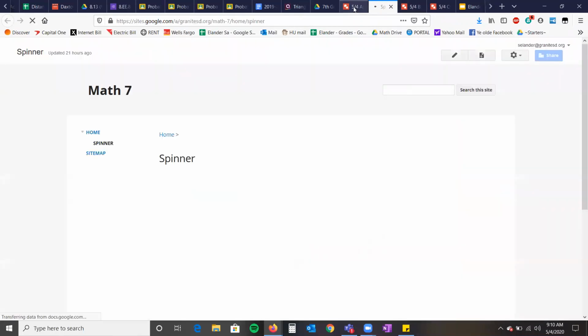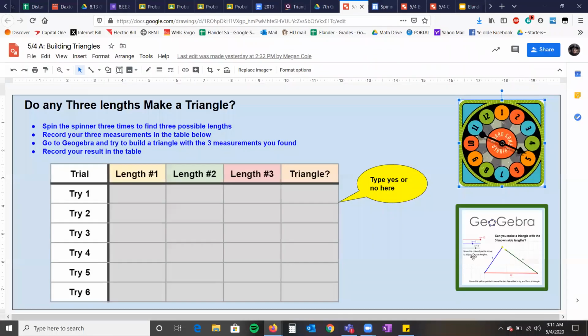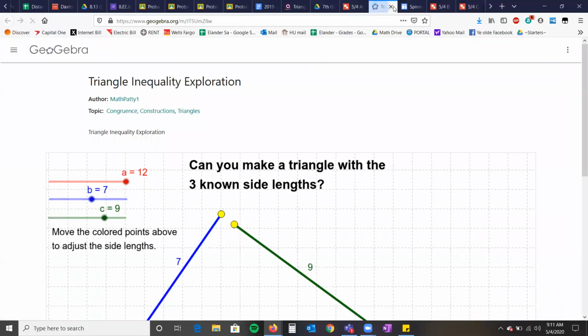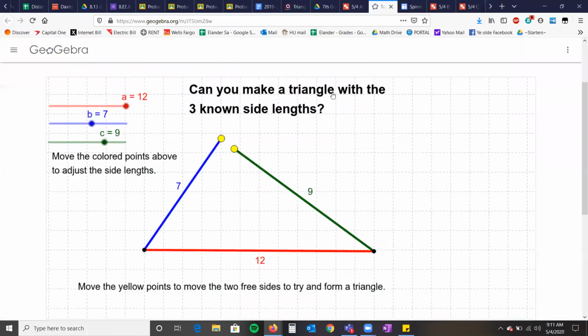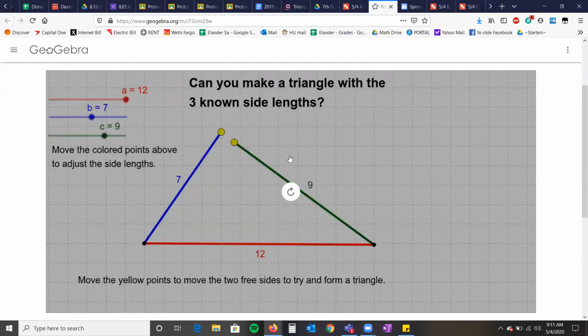You're going to click on that link. Okay, so that's loading. While that's doing that, I'm going to click on the thing that says GeoGebra, and it pops the link below that one. And I'll click on that one as well. And so now I should have these two links as well. So I've got a spinner, and then I have this GeoGebra file here with kind of a triangle here.